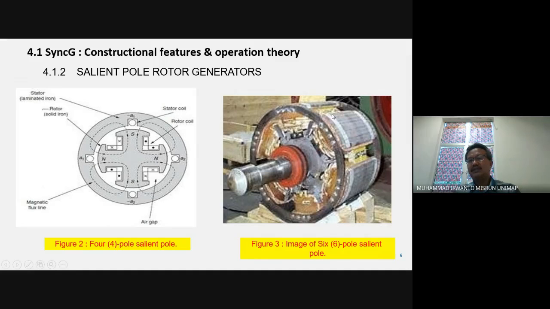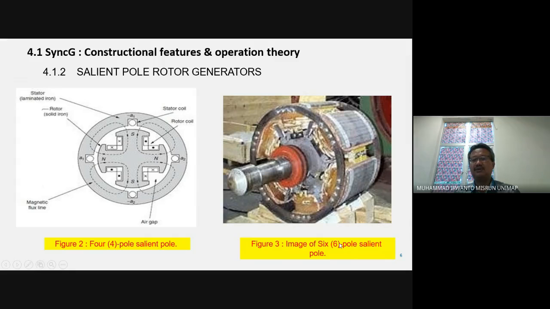Okay, so we can see here on the right side the construction of the salient pole rotor. How many poles? 1, 2, 3, 4, 5, 6.